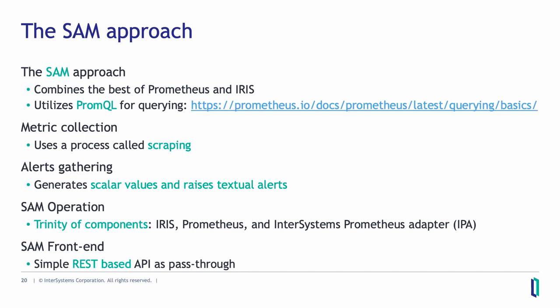And then lastly of the SAM approach is the front end. SAM provides a simple REST API, secured by CSP authentication mechanisms, that provides the ability to query the metrics, values, and the alerts. Scrape targets can be configured, and targets can be placed into groups for easy selection and viewing.